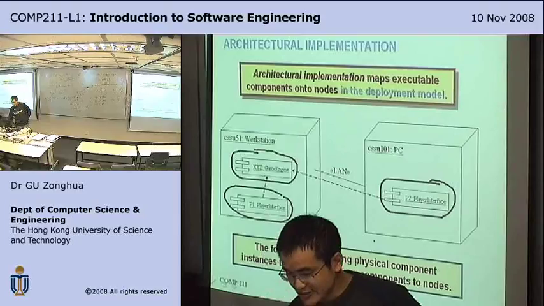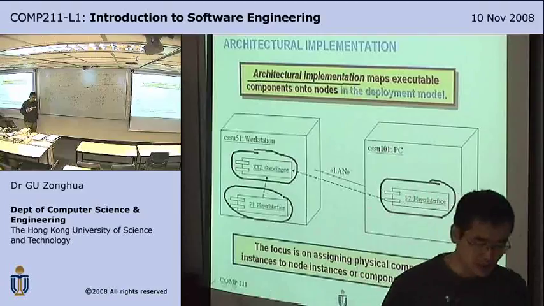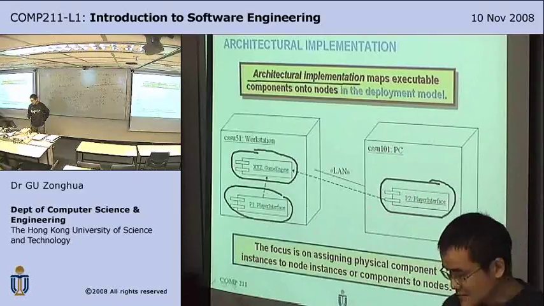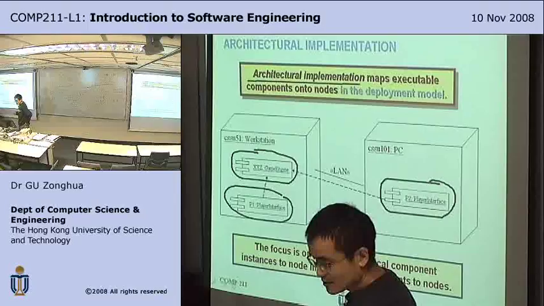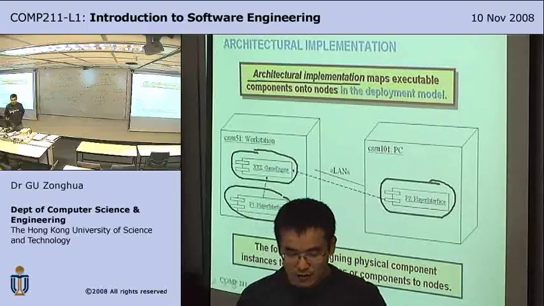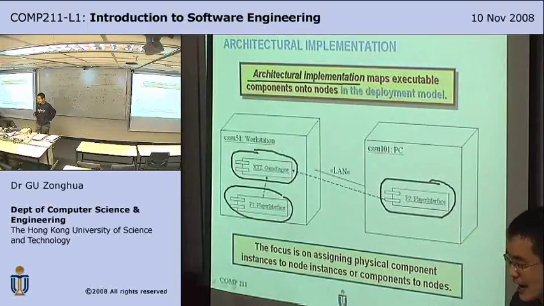So this architectural implementation is the action of actually downloading your executable file into the node, while the deployment model in the design stage is drawing a diagram to indicate how to map.